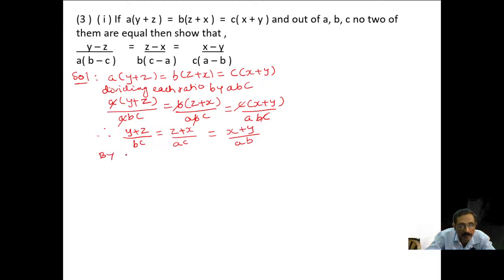By theorem on equal ratios, let us see what we have over here. To get this y minus z, I want y minus z. If I use this, y plus z, and I subtract this, what will happen?